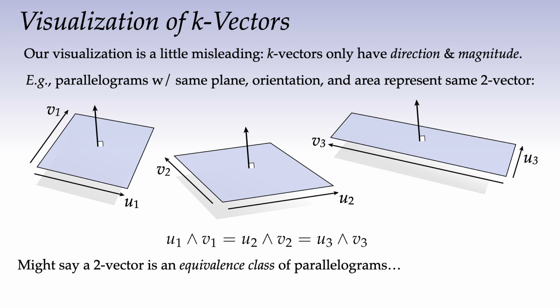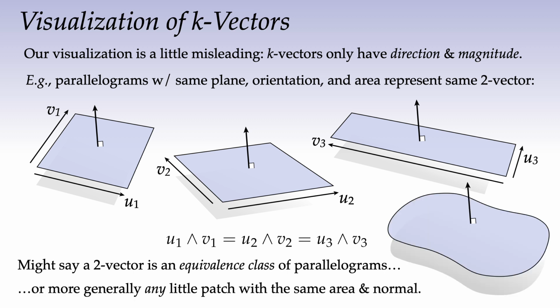Or more generally, we might think of a 2-vector in 3-dimensional space as just some little patch of surface that has a given area and a given normal direction. So these parallelogram drawings are meant only as a helpful mental model, and quite often it is a perfectly good way of thinking about what's going on.